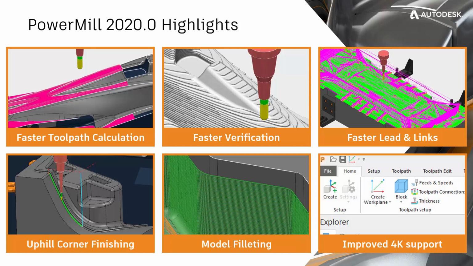Now, as we mentioned earlier on, Powermill 2020 also includes this model filleting capability that we talked about with the 2020.1 update. It was originally developed for Autodesk's HSM CAM product, and we identified that it was a really cool piece of functionality that we should add to Powermill.